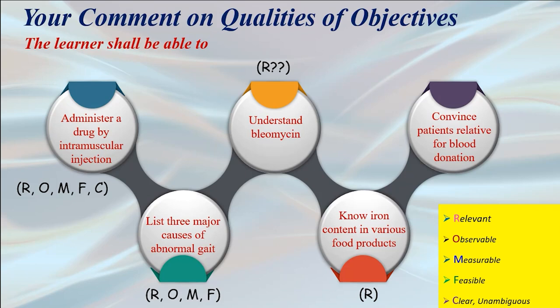Which criteria? Yes, it is relevant. Yes, it is feasible, observable. I'm not sure if it is measurable, but it is clear. So, by respecting these criteria, we can have good quality objectives.